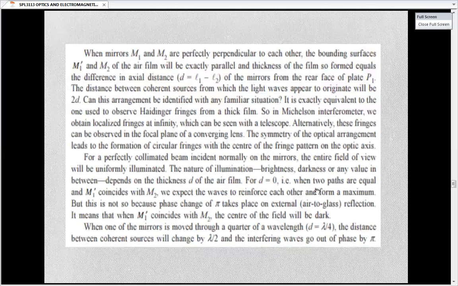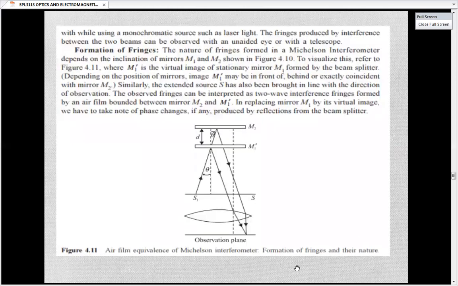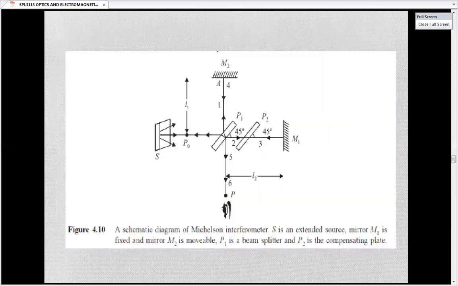So when mirrors M1 and M2 are perfectly perpendicular to each other, the bounding surfaces of the image of M1 and M2 of the air film will be exactly parallel, and the thickness of that film will be equal to the difference between lengths L1 and L2. Let's have this in mind. What are L1 and L2? I'm going to go to the diagram.